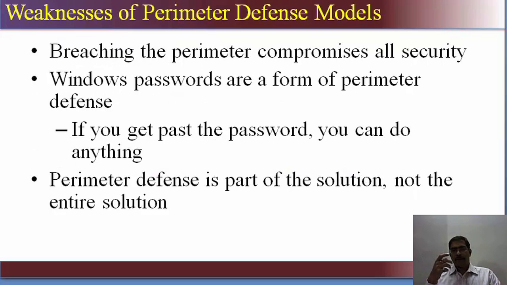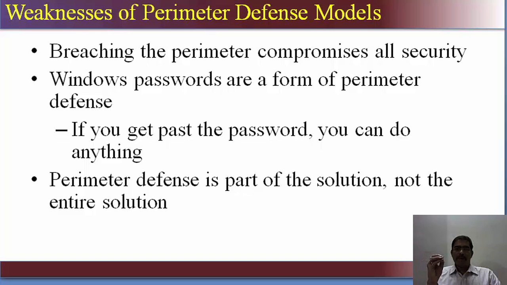There are weaknesses in the perimeter defense model also. Once an attacker breaches the perimeter, it compromises all security if that's the only layer of security that is available. Windows passwords are a form of perimeter defense. If you get past the password, you can do anything. Take the example that you cannot get inside Windows without giving your administrative password or your user password.